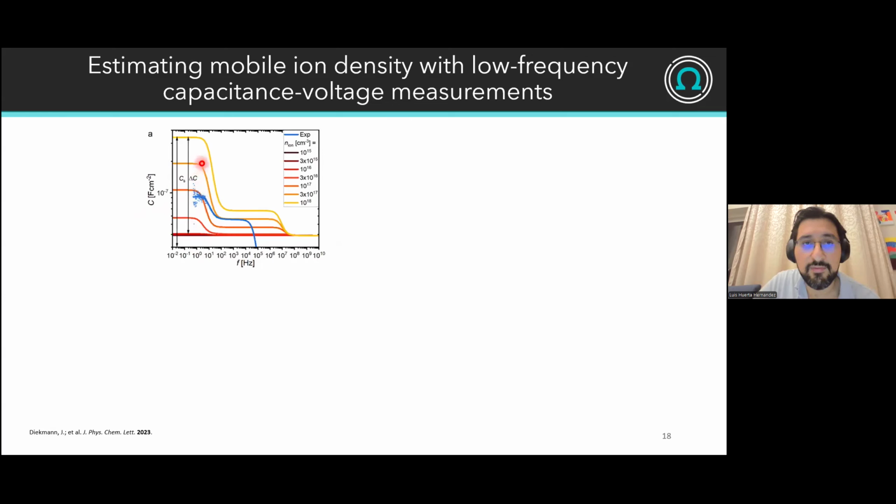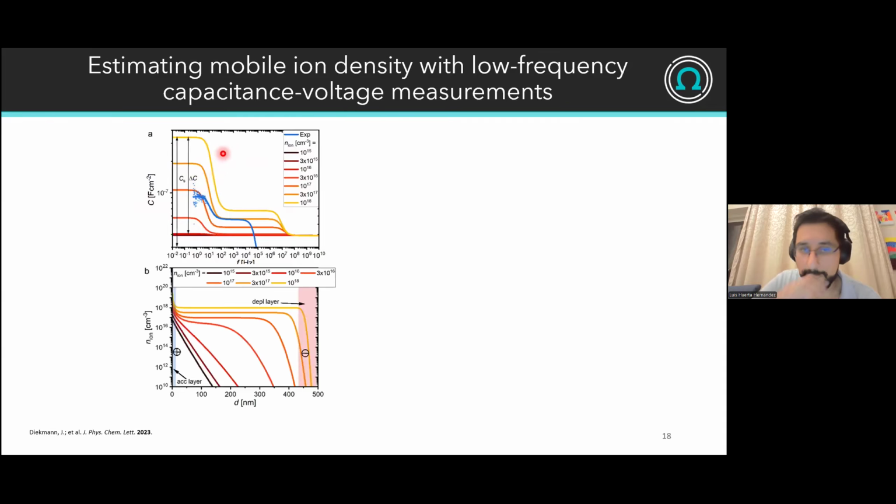With drift diffusion simulations, they have shown that the higher the mobile ion density, the higher this increase in capacitance. Basically, what they propose is that you have accumulation and depletion layers of ions that modulate the capacitance of your device. So the more ions you have, the higher these accumulation or depletion layers will be.